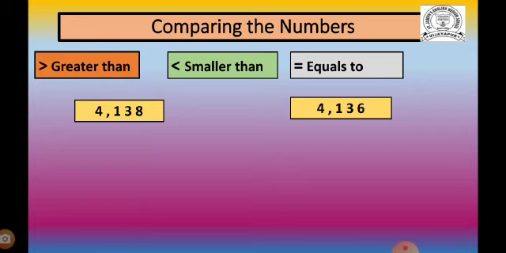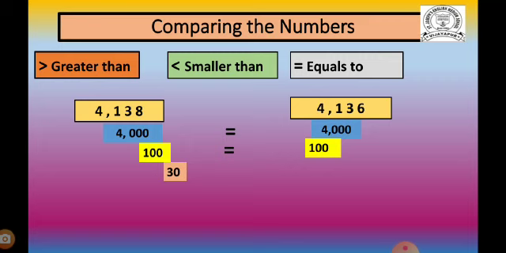Now how to do the comparison? The comparison should begin with the thousands place, because it is the biggest place here. In the first number we have 4000, and here also we have 4000. 4000 is equal to 4000. Then we go to the hundreds place. 100 is equal to 100. Next we see the tens numbers. 30 is equal to 30. Up to this, we got equal digits in both numbers.